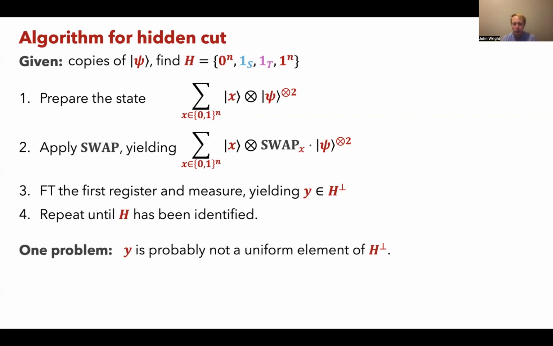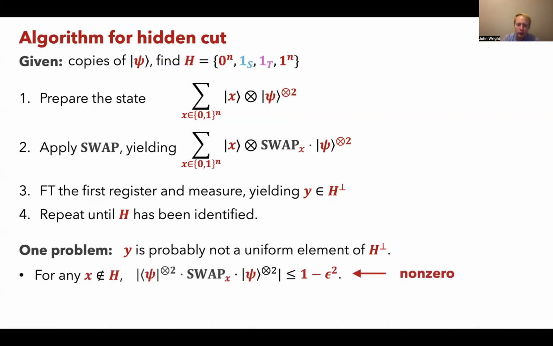Now, let me say one problem with this algorithm, which is, unlike in the case of Simon's problem, the y that we get is probably not going to be a uniformly random element of h perp. It has the potential to be very non-uniform. Why is this?